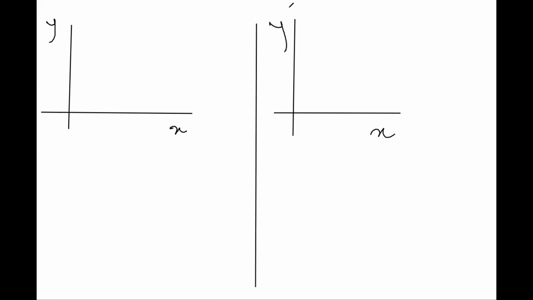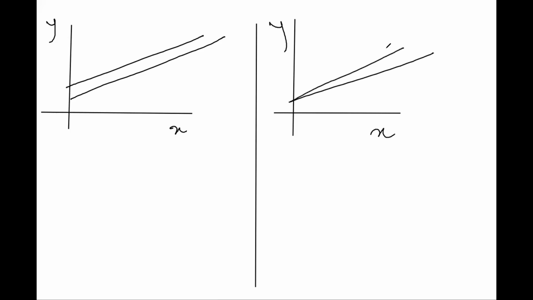In this example, there are parallel lines. In this example, we have spreading lines. So in the first case, alpha is changing. In the second case, beta is changing.